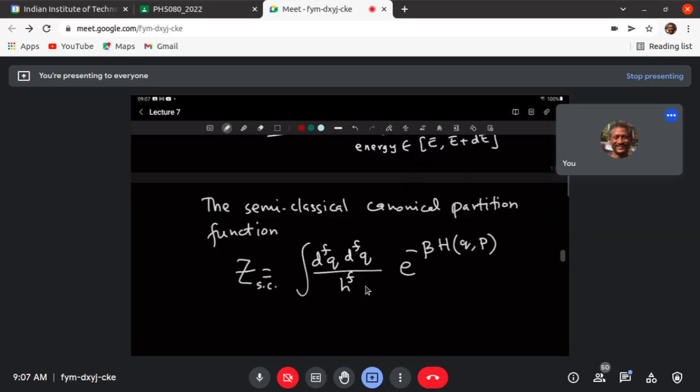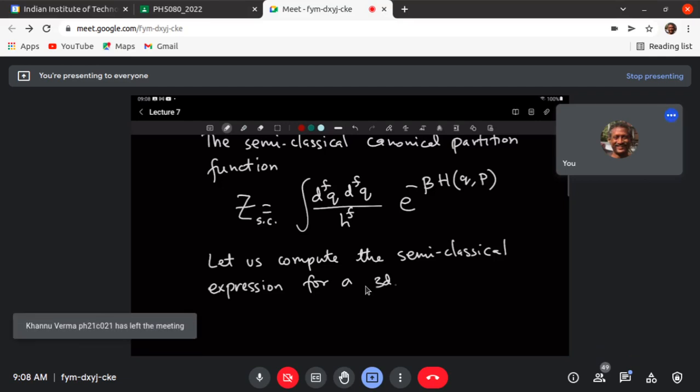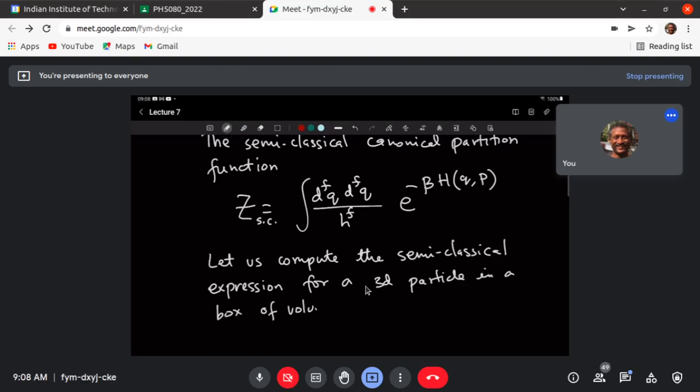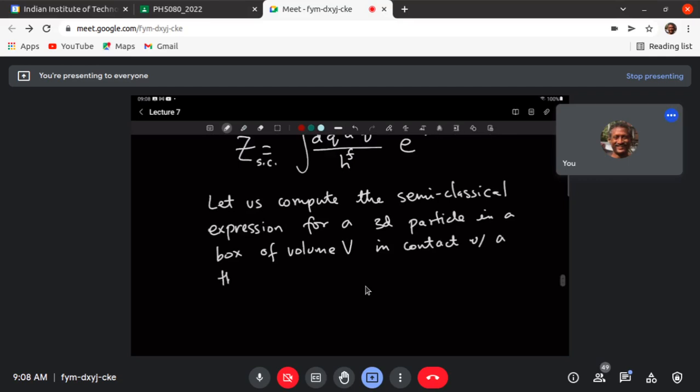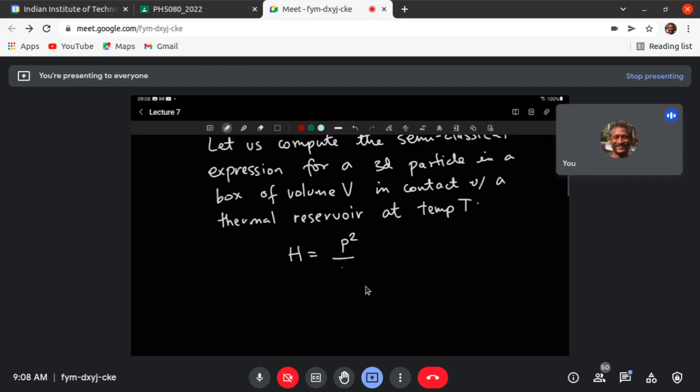Okay. So this is a kind of neat formula, and so let us compute the semi-classical expression for a 3D particle in a box of volume V in contact with the thermal reservoir at temperature T. Okay, so H here will be nothing but P squared upon 2m.